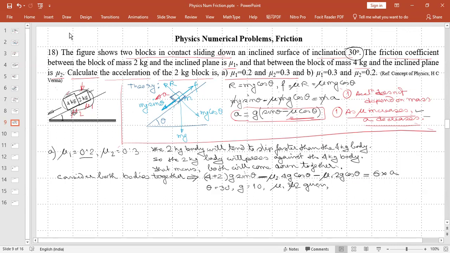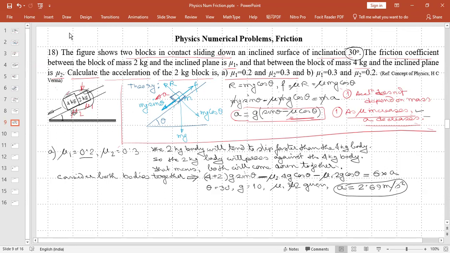If you use all these, you will find acceleration A is equal to 2.69 meter per second square. So this is the acceleration with which both bodies come down. And since both bodies come down together, this is the acceleration of the 2 kg mass also.